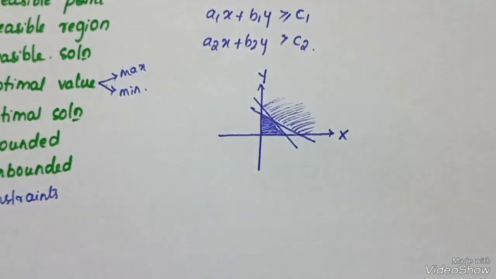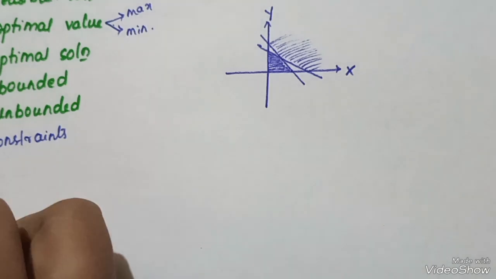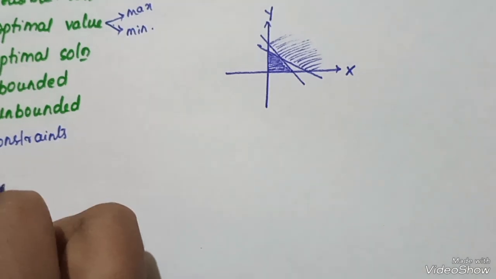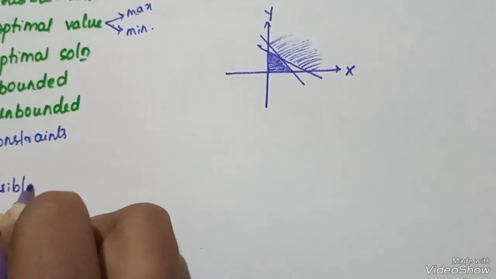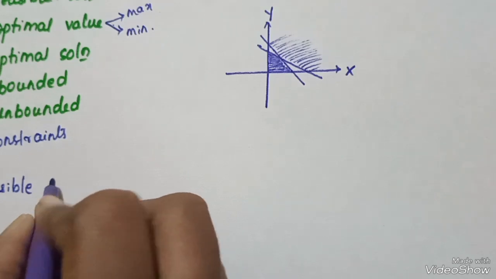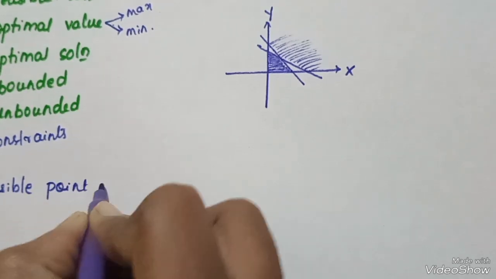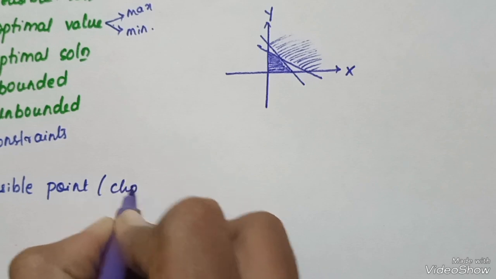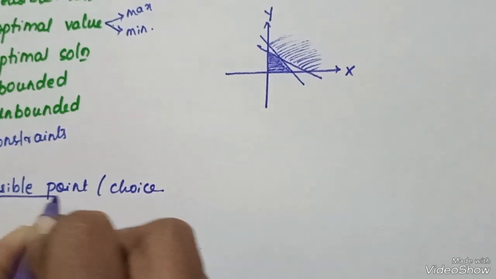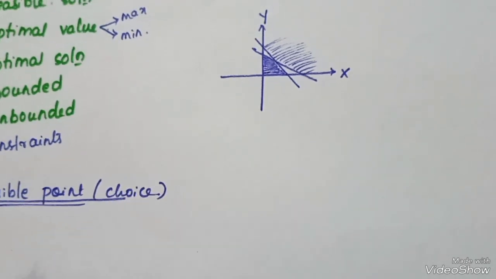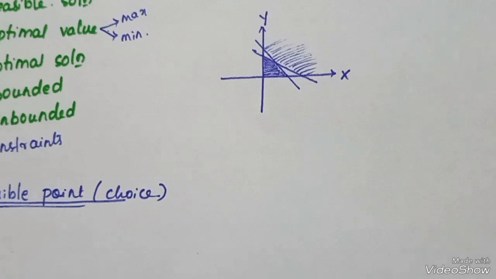Okay, the first point is the feasible point or feasible choice.